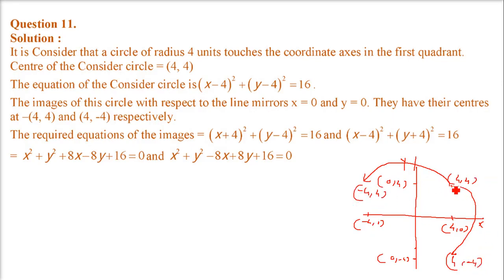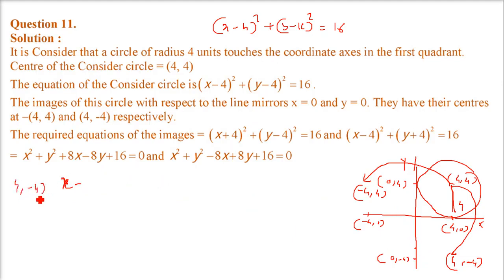And you know the radius is, as we have already seen, if I make a circle like this, the radius will be 4. So I'll just use the formula x minus h whole square plus y minus k whole square equals r square. R square I'm just putting directly as 16, since 4 times 4 is 16. What is h here? In this case h is 4 and k is minus 4.